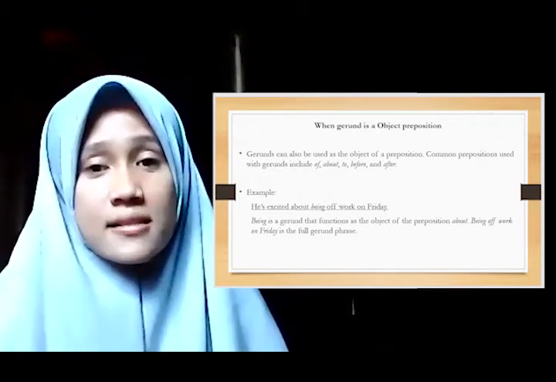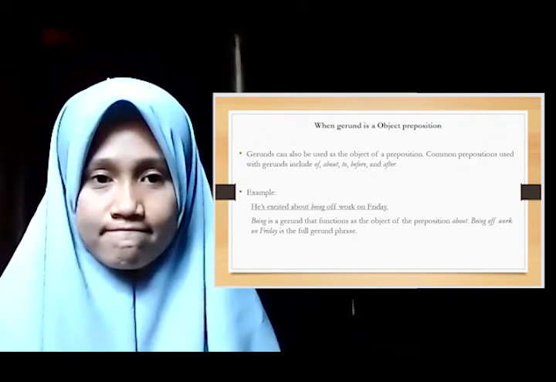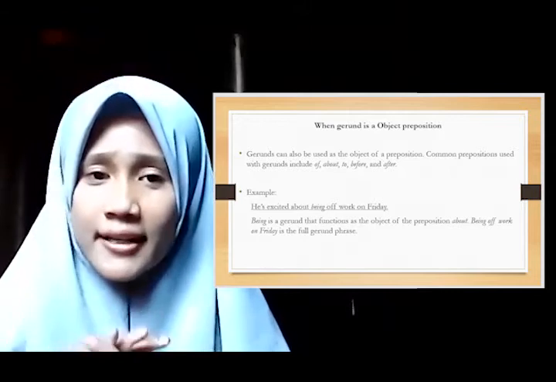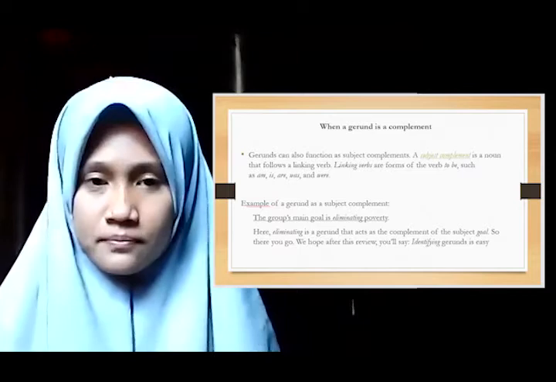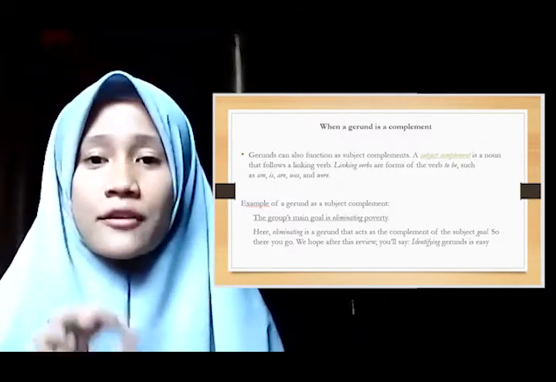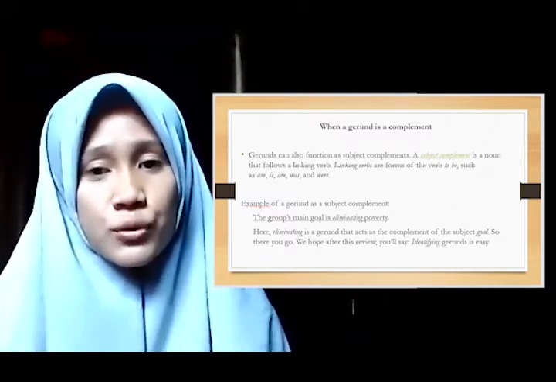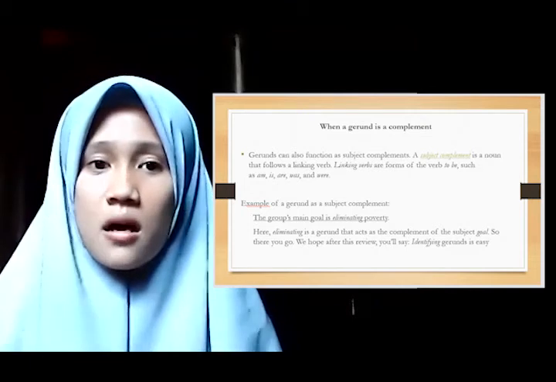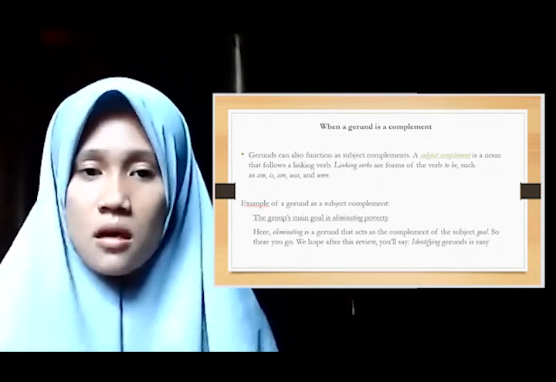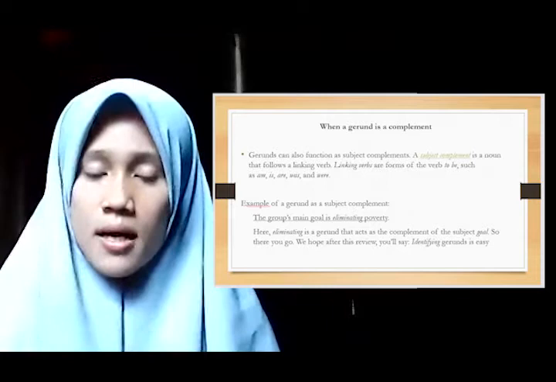When a gerund is a complement, a gerund can also function as a subject complement. A subject complement is a noun that follows a linking verb. Linking verbs are forms of the verb to be, such as am, is, are, was, and were.